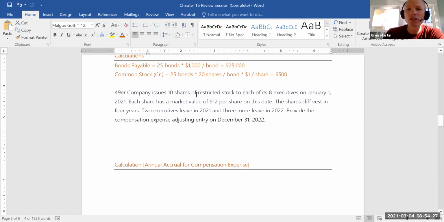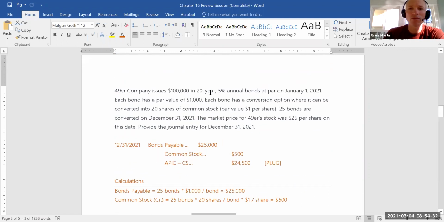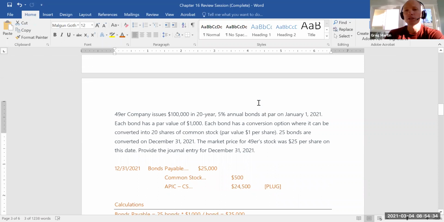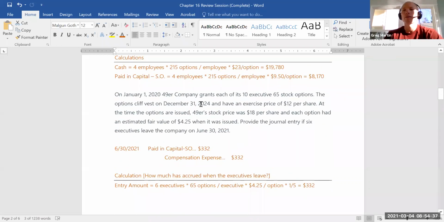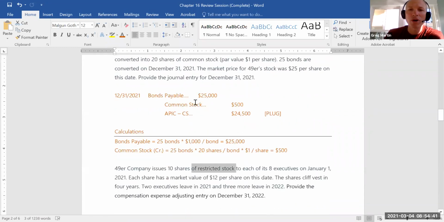So if you see restricted stock, okay, I'm in restricted stock territory, right? If I see a bond conversion, okay, I'm in bond conversion. If I see stock options, okay, I'm in a stock option problem. So part of it is identifying the kind of problem that you're dealing with.